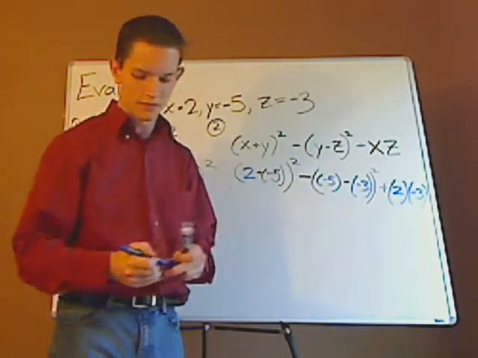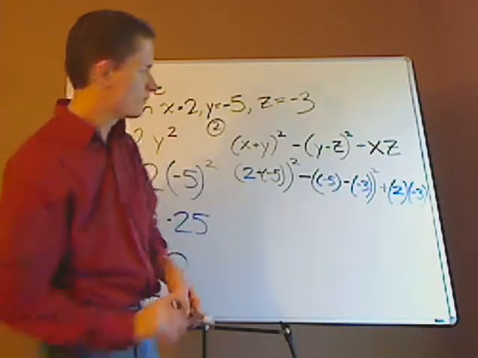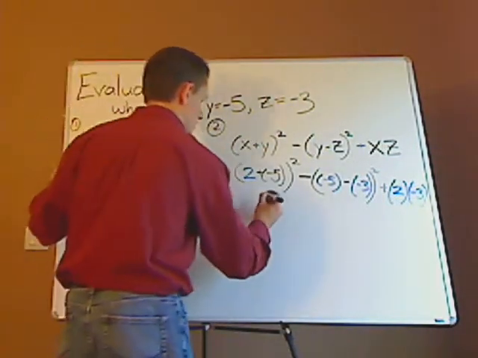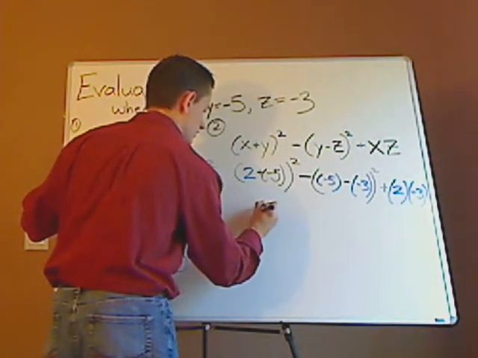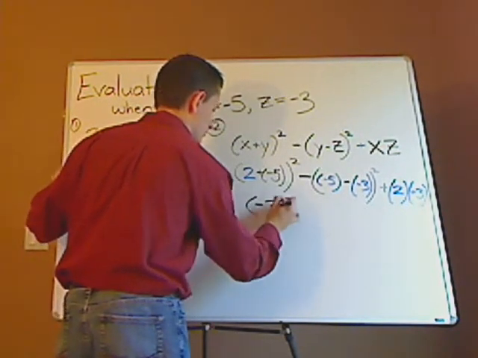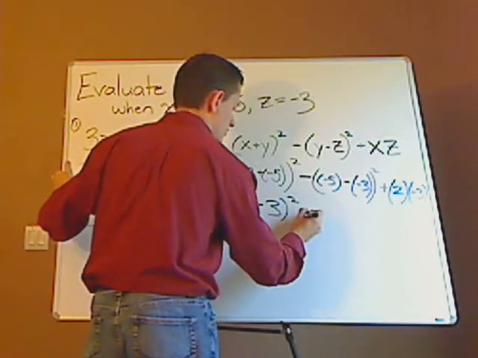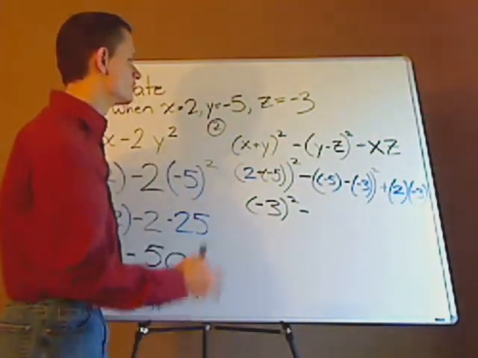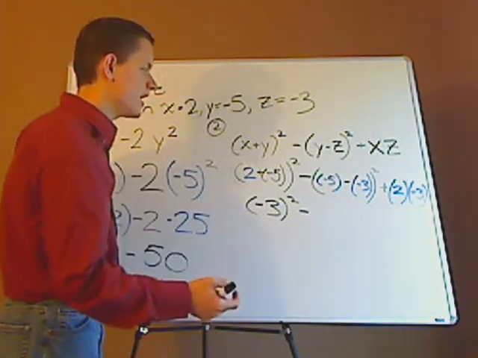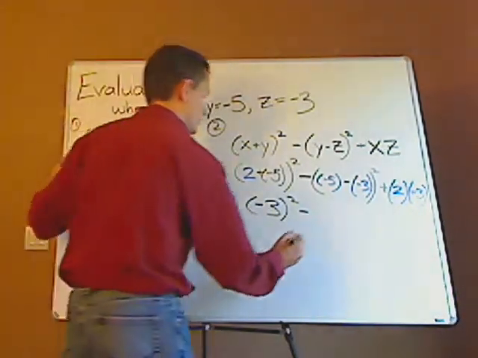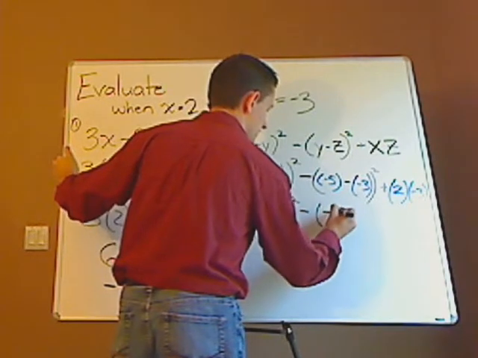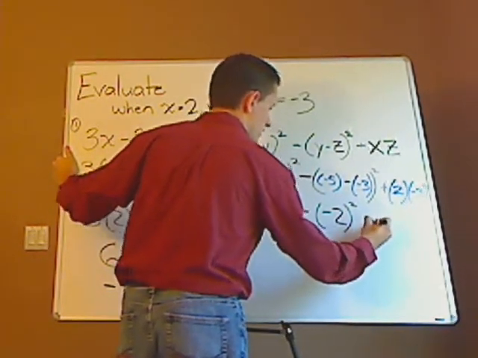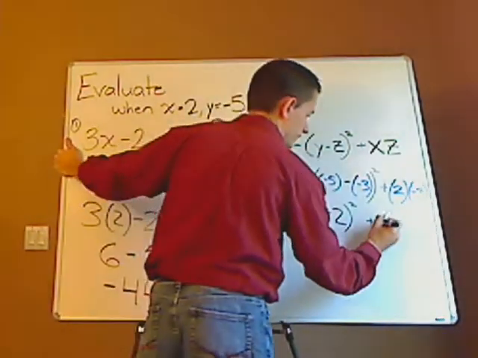So then you just solve these. I'm just going to use my black marker. 2 plus -5, that's going to be a -3 squared, minus this double negative right here makes it a plus, so it's -5 plus 3, which gives you a -2 squared, and I'll leave these two the same.